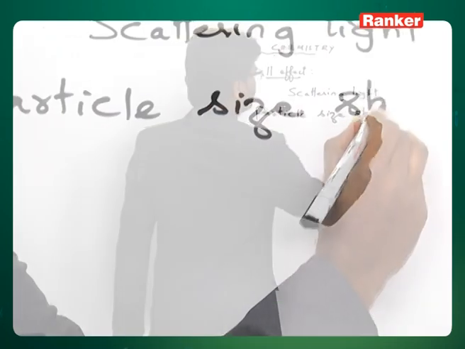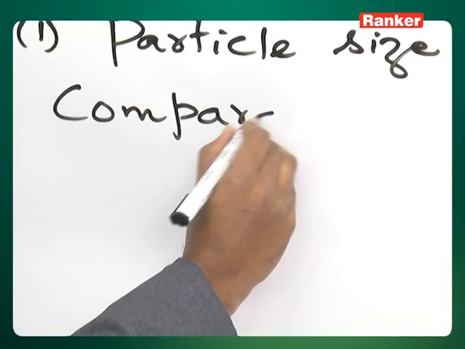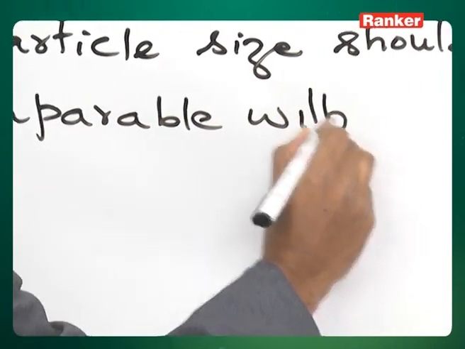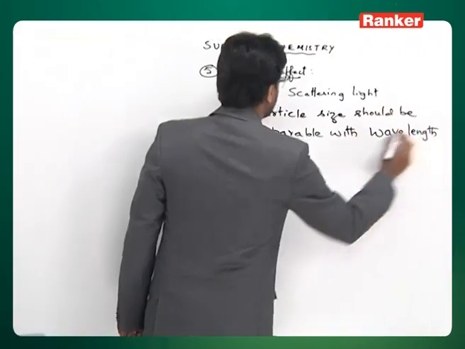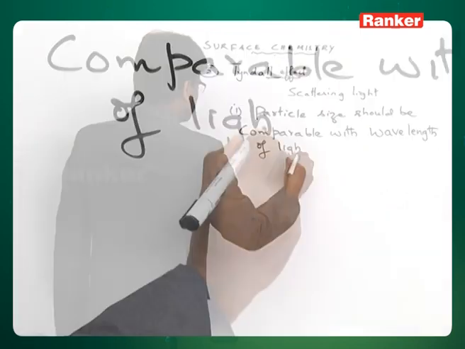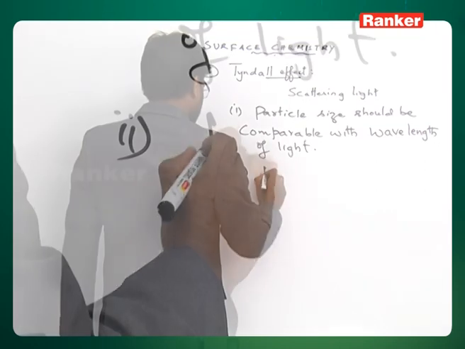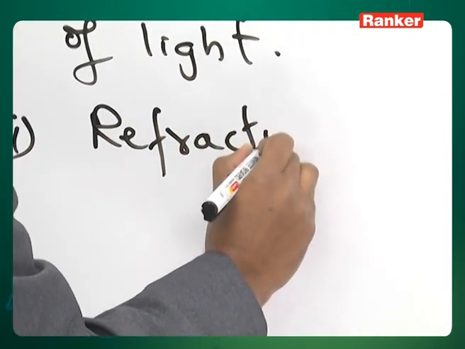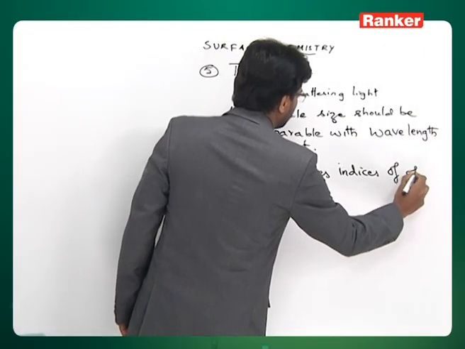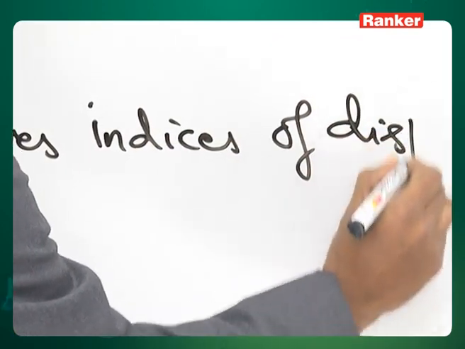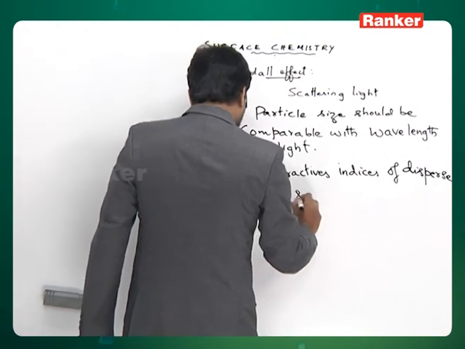Particle size should be comparable with the wavelength of light which is being used. This is the first condition which must be satisfied. And then the second condition is refractive indices of disperse phase and dispersion medium.